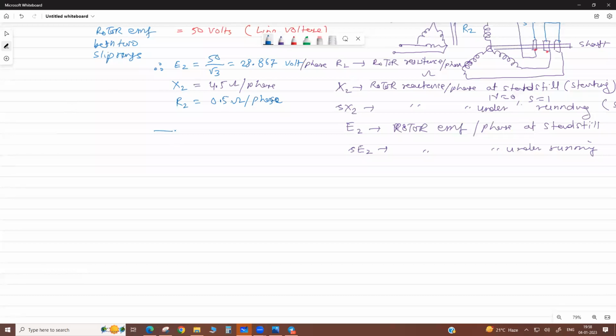Here this is the rotor resistance R2, this is reactance X2, and this is E2. Now he is asking the current I2 and cos phi 2.